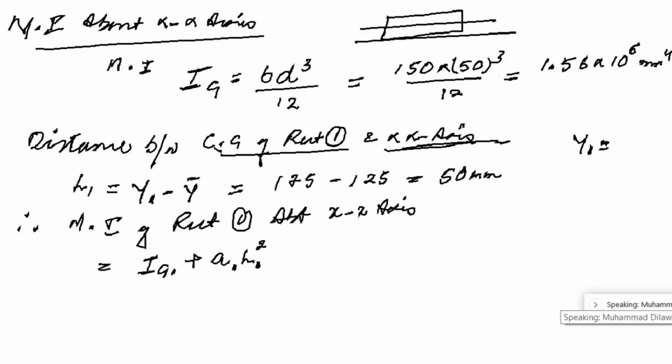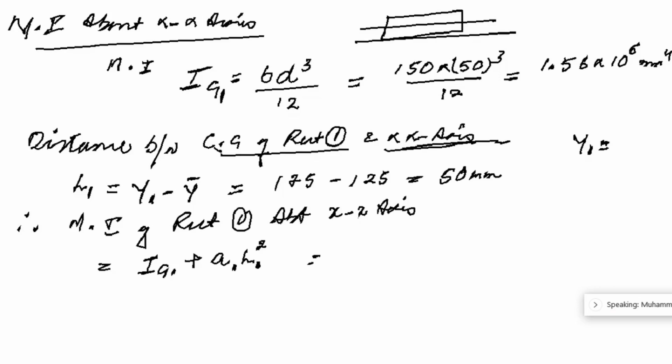Let's say this distance has a name of H1. And IG1 is how much now? Which we have already calculated. IG1 is the moment of inertia about the centroidal axis.